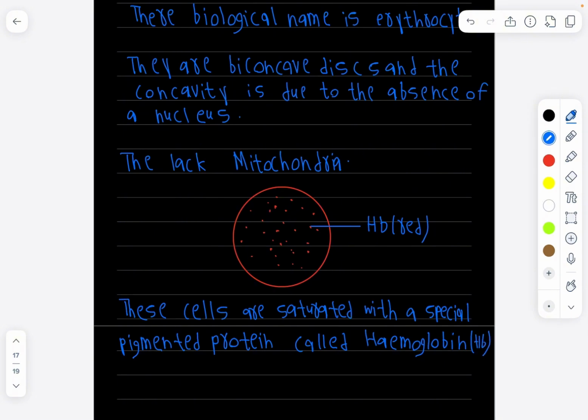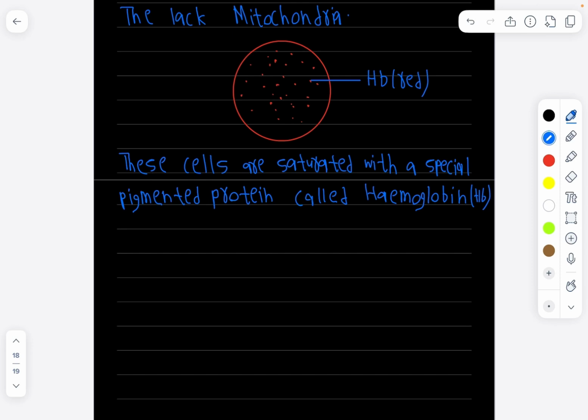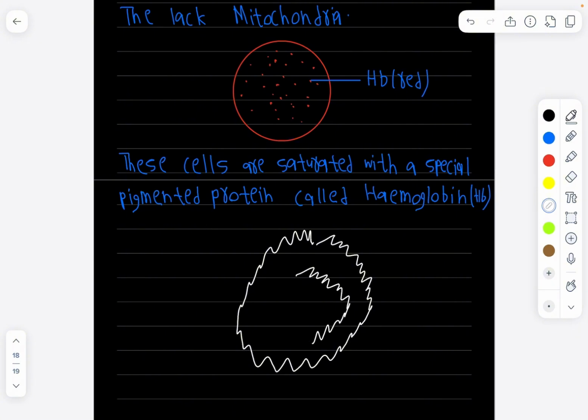Okay. Now let's draw a small structure of how the hemoglobin looks like and a few details about the hemoglobin. So we are going to draw the outer structure of the hemoglobin. So the hemoglobin is made up of iron.